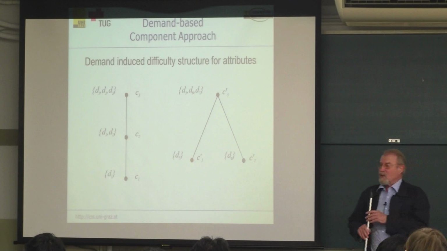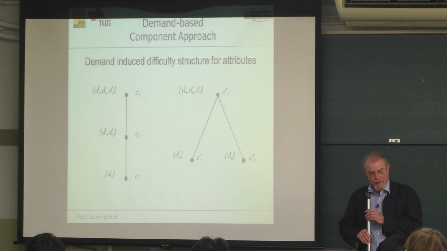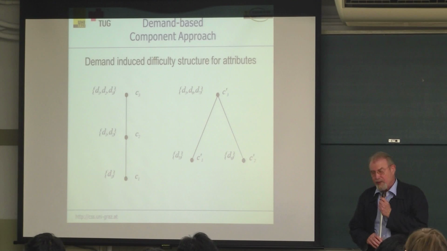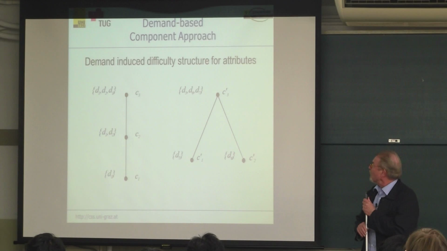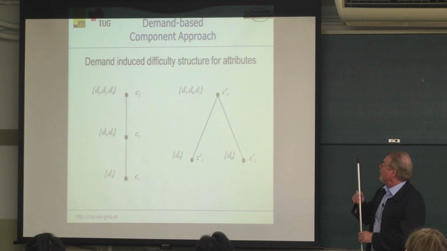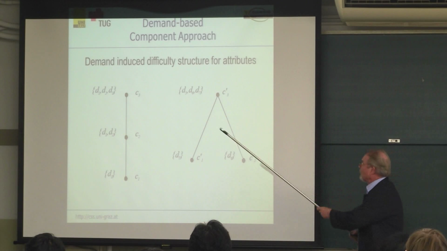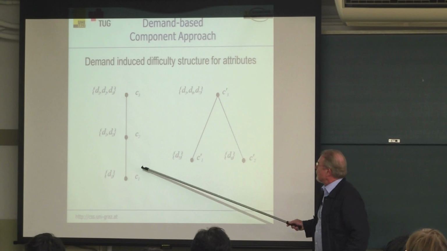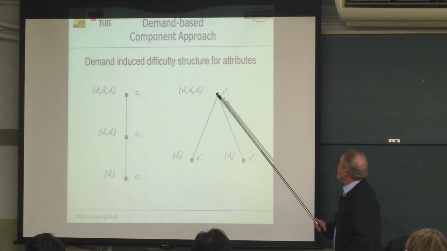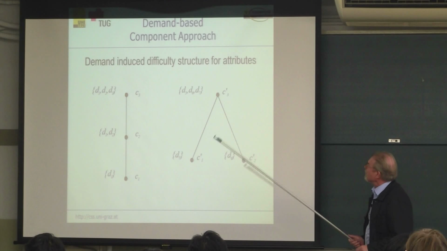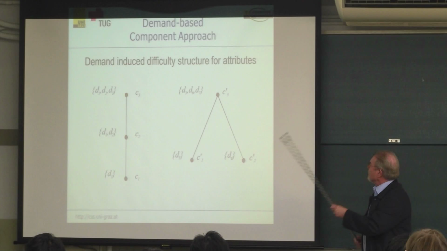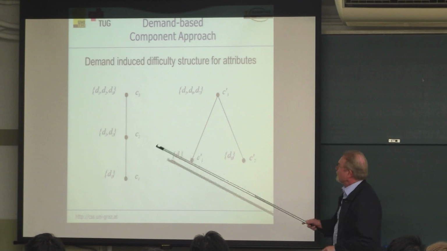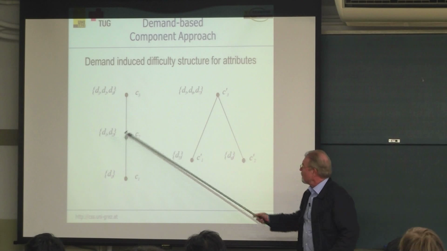So if you have attributes which characterize the problems in some sense, and the attributes are in this case C1, 2, and 3, and C1 prime and so on, and the demands are characterized by D1, D2, and so on.